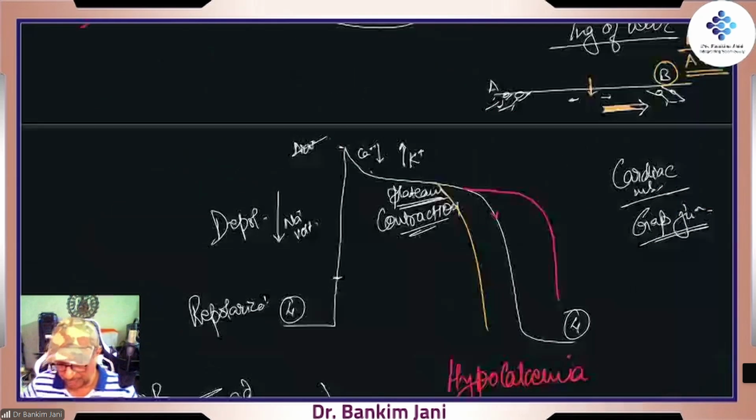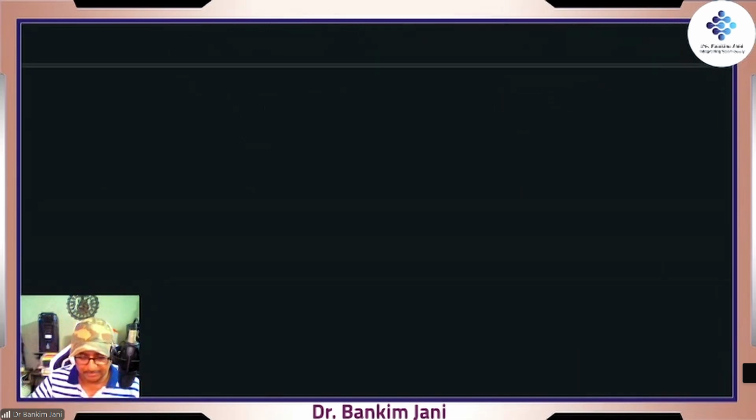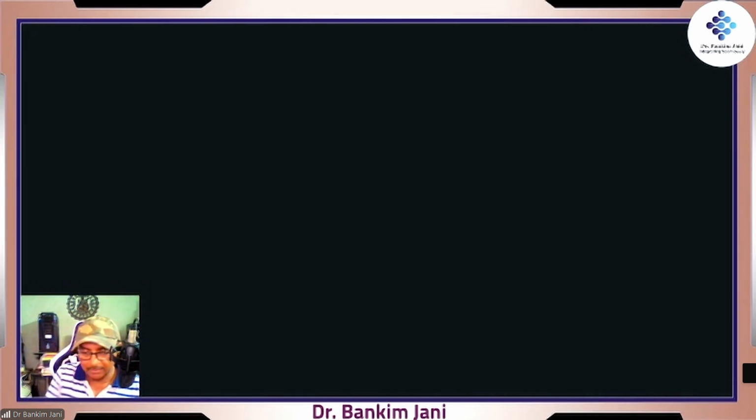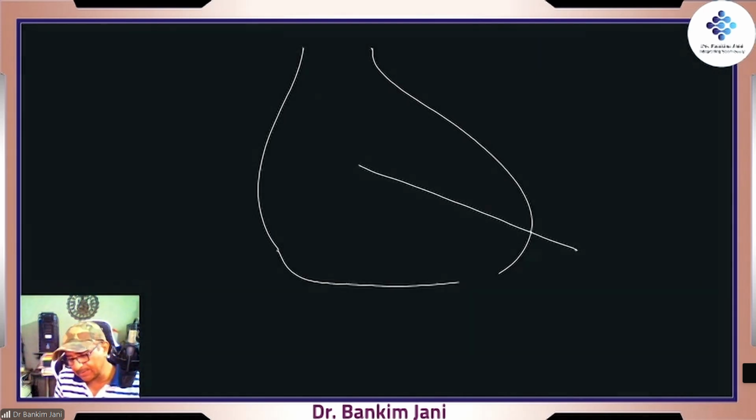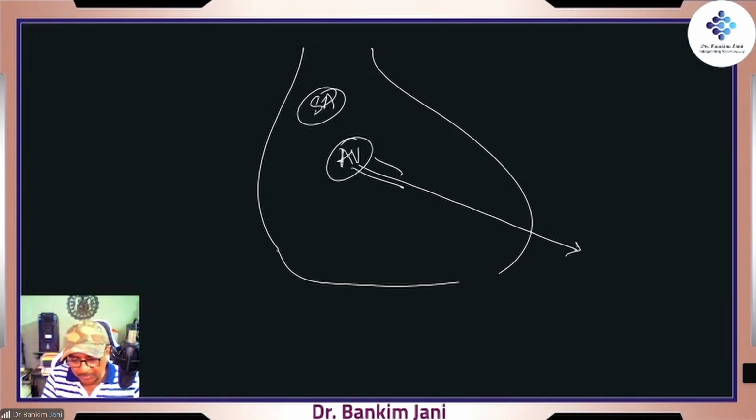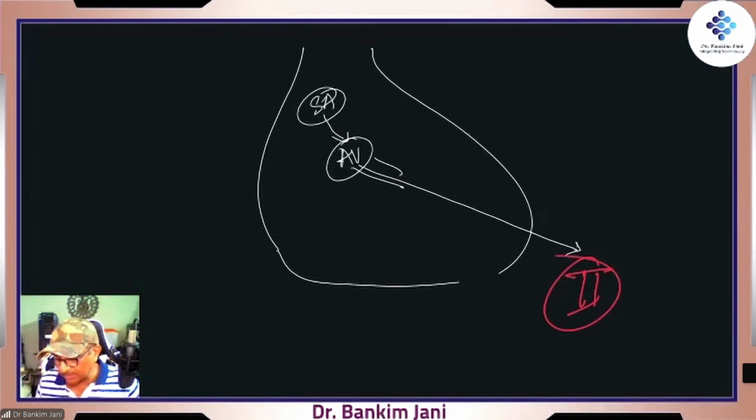When we draw the heart like this, the electrical axis is this. Electrical axis means the direction of the maximum number of muscles. The current goes from the SA node to the AV node to the bundles, in this direction, and lead 2 is watching this.